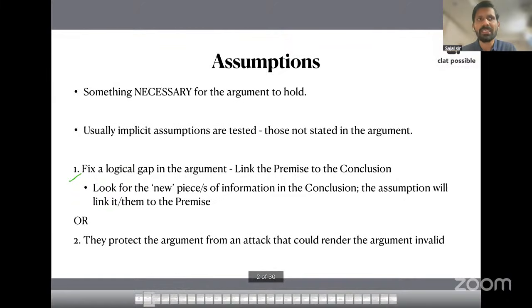So there is something that may attack the argument, and this correct option denies it, right? So it protects the argument from a certain attack, so crucial that it becomes the assumption. So these are the two ways in which the correct option may appear. But all in all, we are looking for an option that is absolutely necessary for the argument to hold good, right?